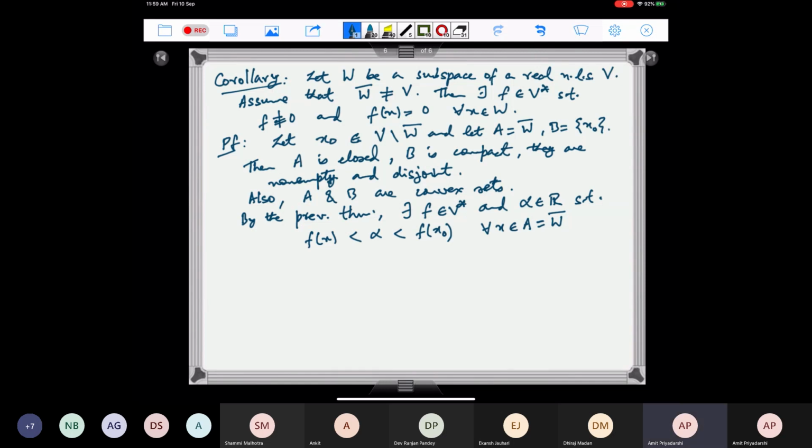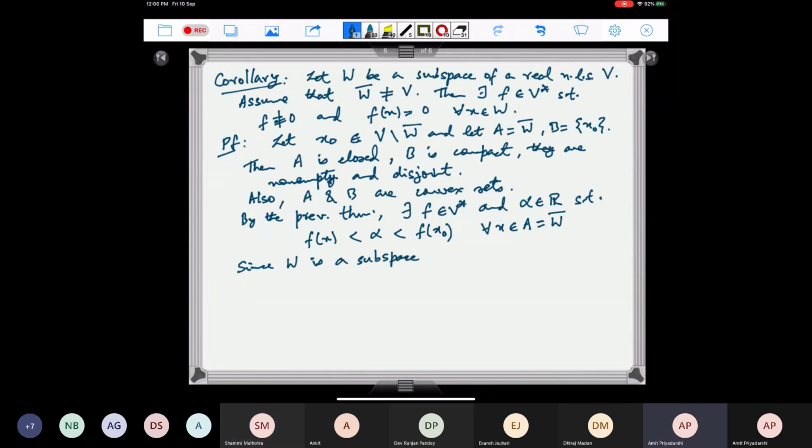Now, do you see that this will satisfy that f(x) is equal to 0 for all x in W? W is a subspace, right?